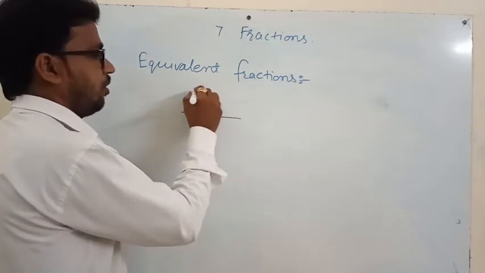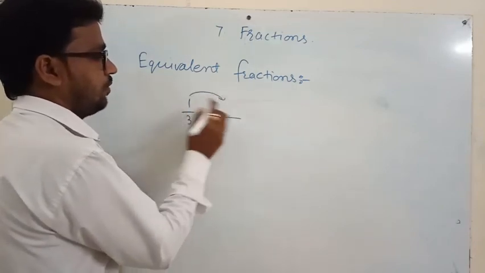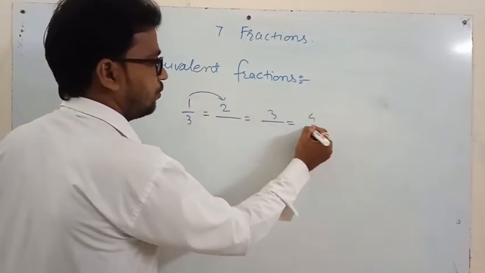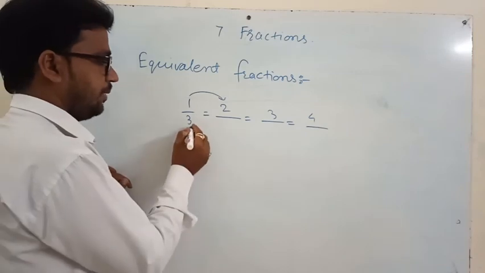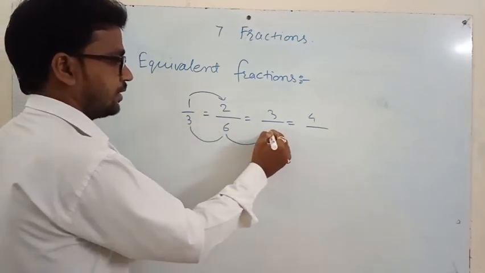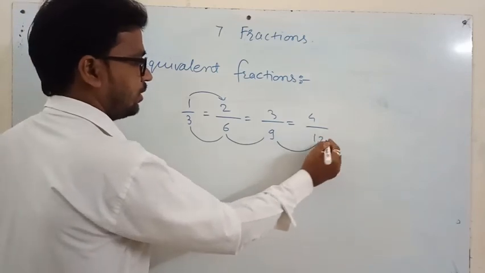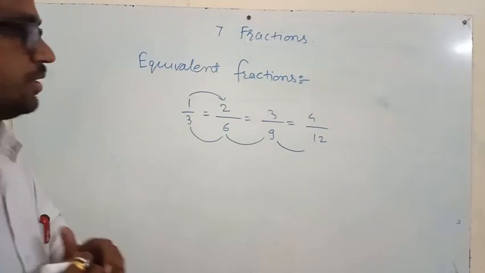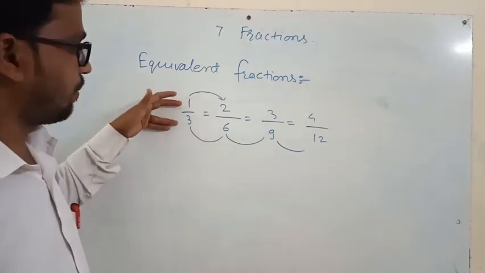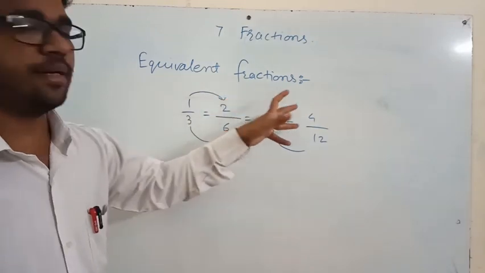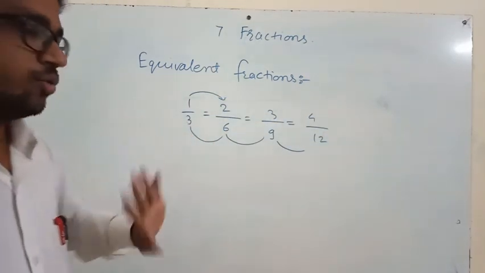Make the table of this 1: 1 1s are 1, 1 2s are 2, 1 3s are 3, 1 4s are 4. Same here, 3 1s are 3, 3 2s are 6, 3 3s are 9, and 3 4s are 12. All these are equivalent fractions. So 1 by 3 is nothing but 2 by 6, is nothing but 3 by 9, is nothing but 4 by 12.